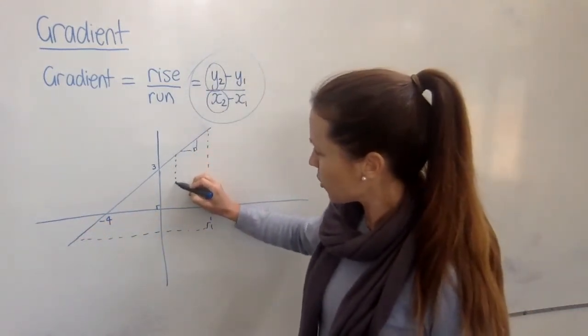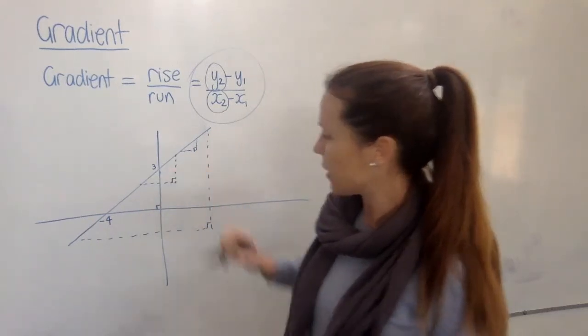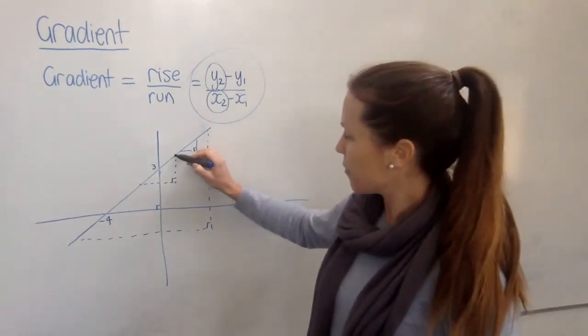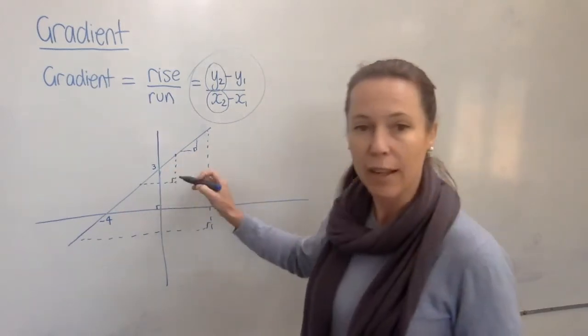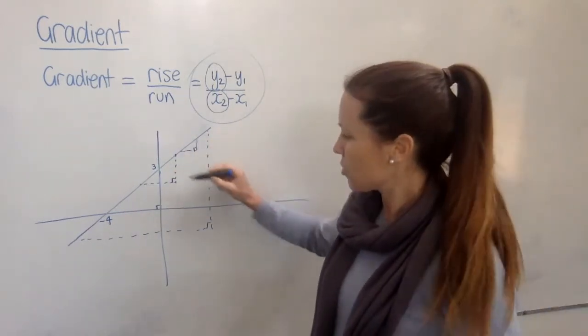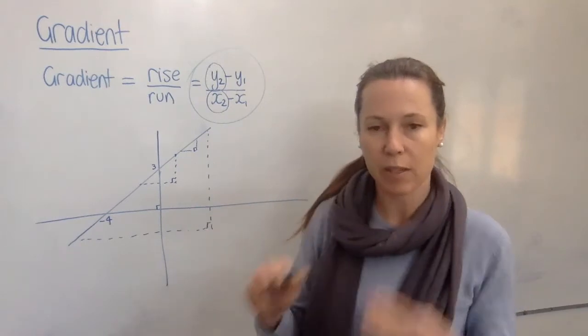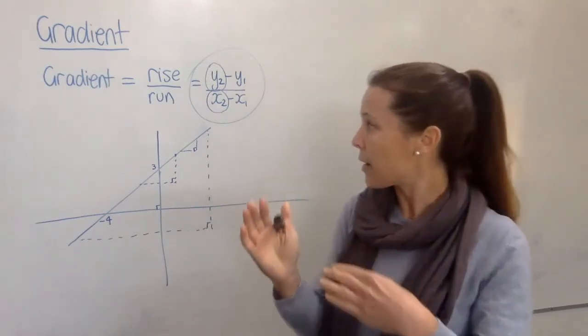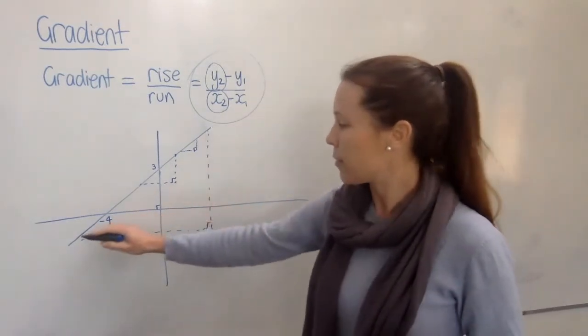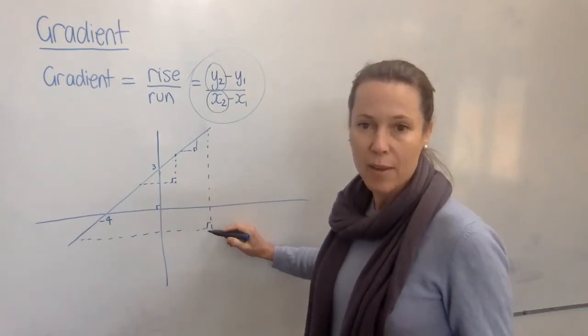But it doesn't matter which triangle you make, as long as it has a right angle and it's coming down from this line and then straight across to that line with the right angle over here. All of these triangles will be similar triangles, which means they're in the exact same proportion with their sides. So if you take one side and divide it by the other, you'll get the exact same answer.